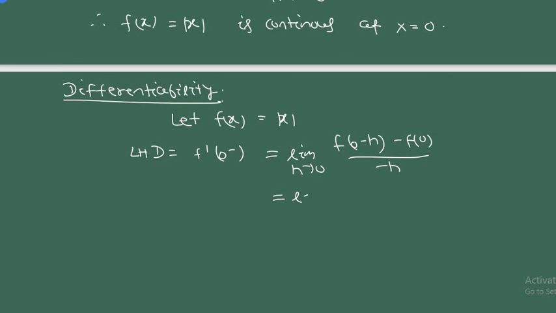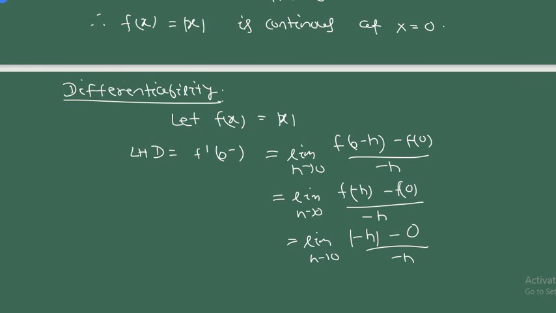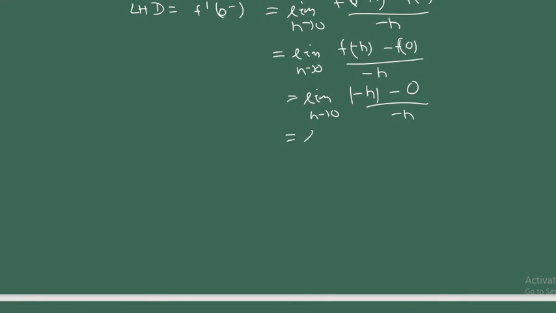So this value is limit h tends to 0 of f(minus h) minus f(0) divided by minus h. So limit h tends to 0, this is mod of minus h, f(0) is 0, divided by minus h. That is limit h tends to 0, mod of minus h is simply h, that is h divided by minus h. Now the answer is minus 1. So we got LSD as minus 1.